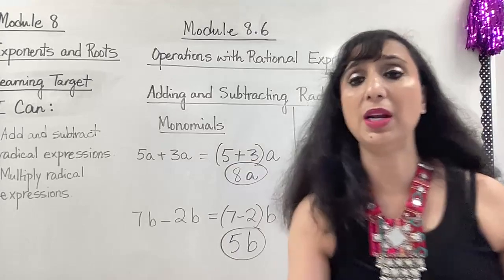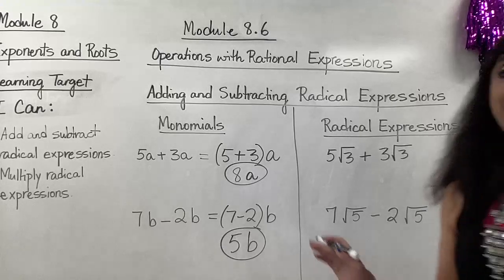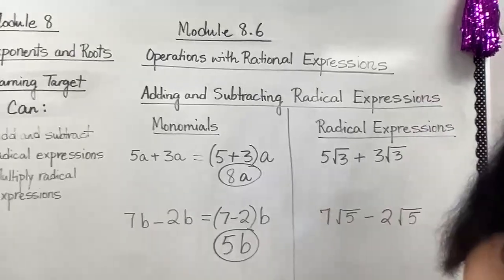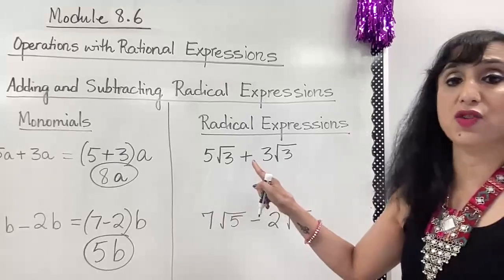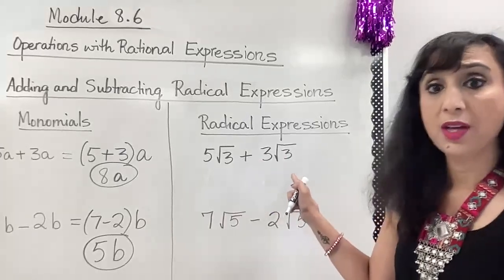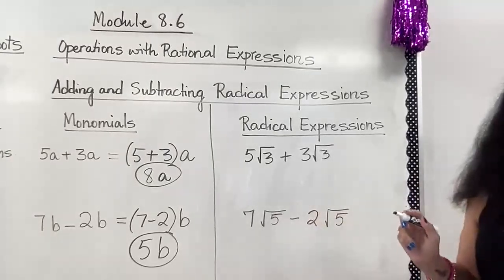Now look how similar radical expressions are to this. As I said, the radicand has to be the same. And what is the radicand over here on the top one? It is root 3. So I'm going to treat it exactly how I treated the monomial.